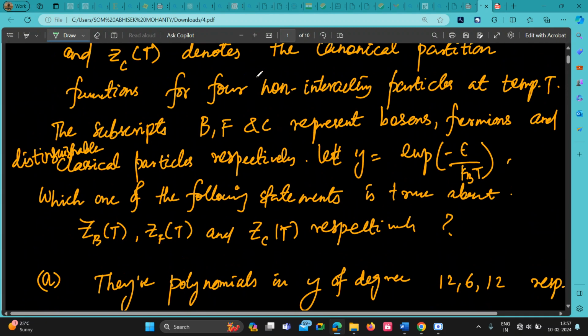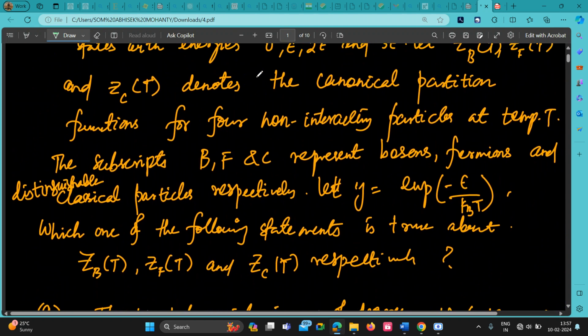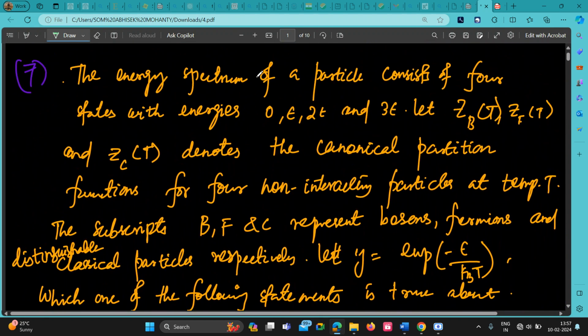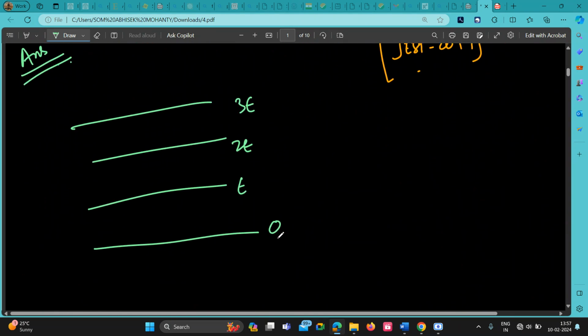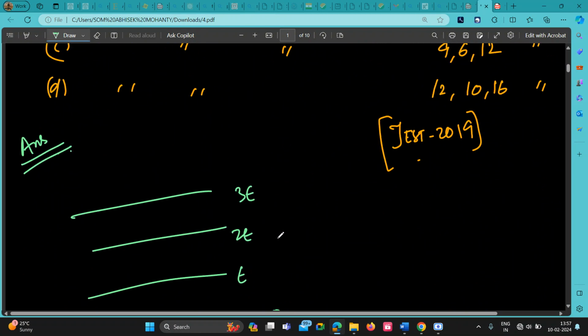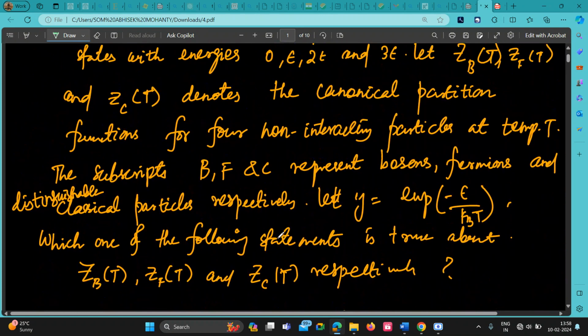What is asked in the question? Let y is equal to this much, and Z denotes the canonical partition function of four non-interacting particles at temperature T. So, how to arrange the particles?